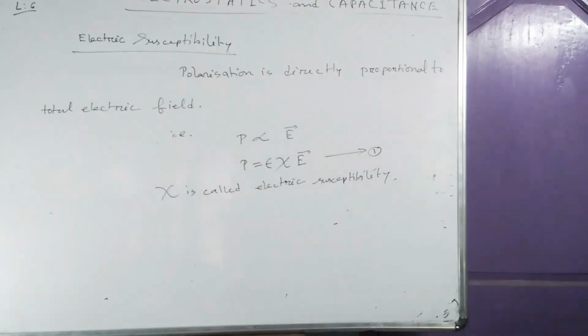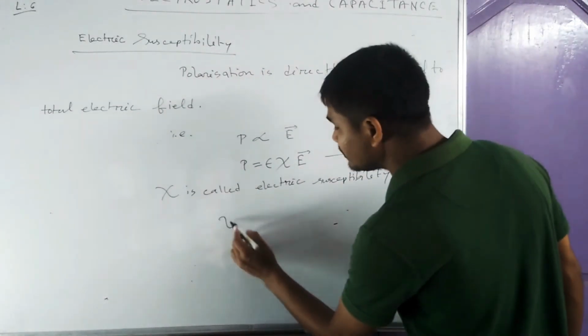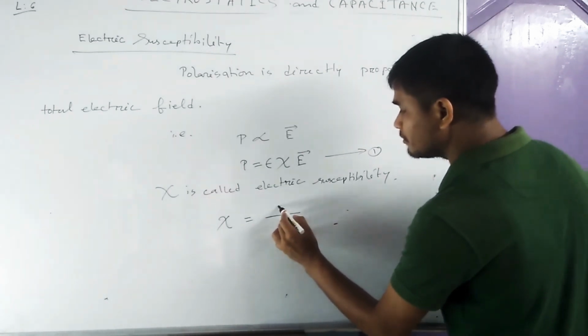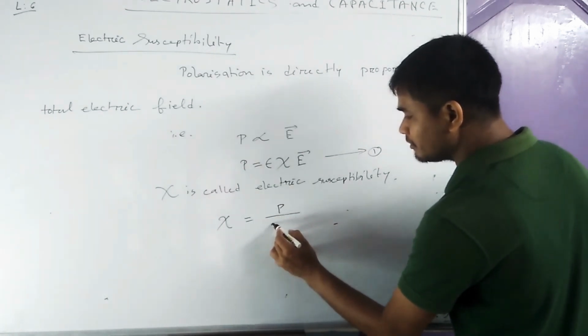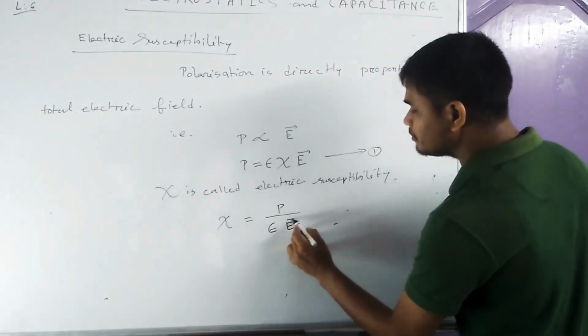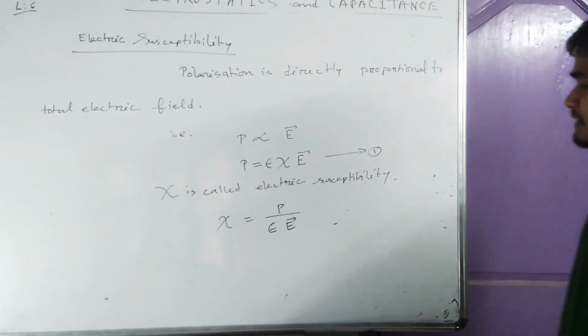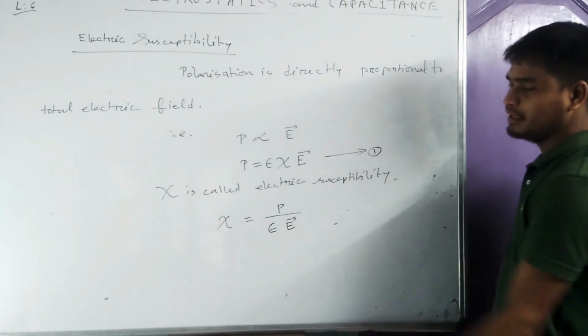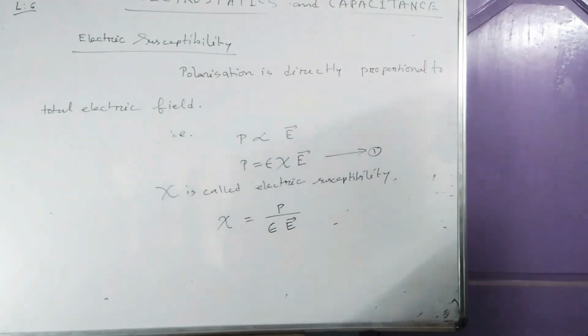Now we can write chi is equal to polarization by epsilon E. Chi is the ratio of polarization to the total electric field.